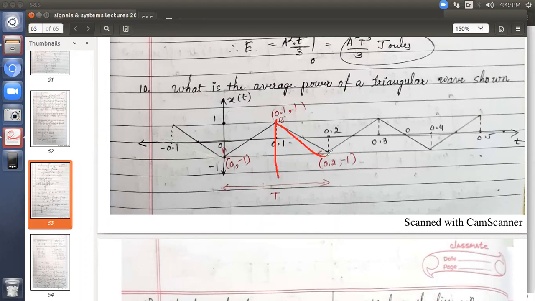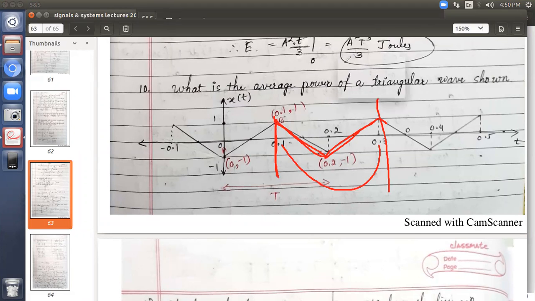One line, second line, and after that the signal repeats. Okay. So if I start at this point, this is one straight line, this is second straight line, after that the signal repeats. So this is the end. So just take the difference, 0.3 minus 0.1, you will get 0.2.